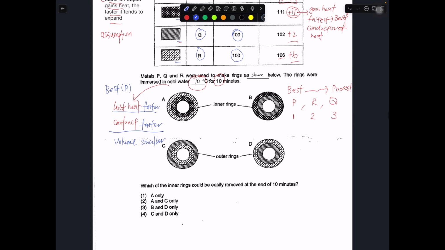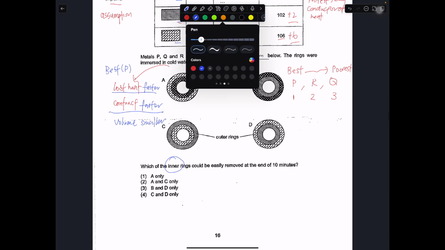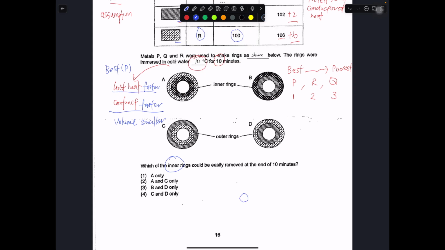So the volume will become smaller. In order to take out the inner ring at the end, you need the inner one to contract faster than the outer ring.